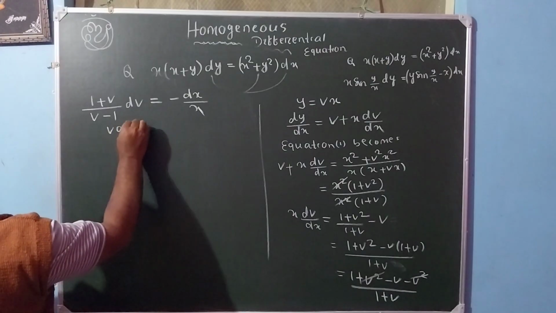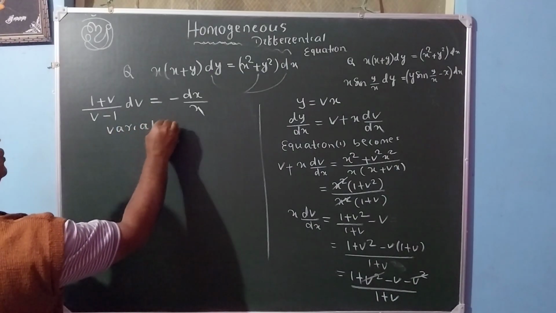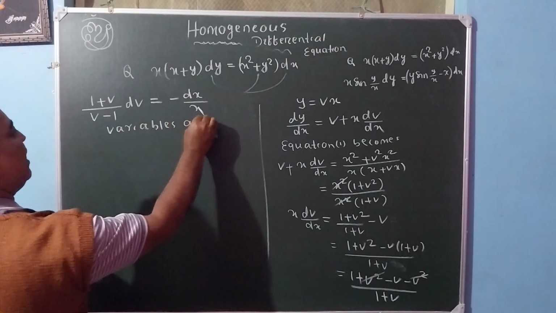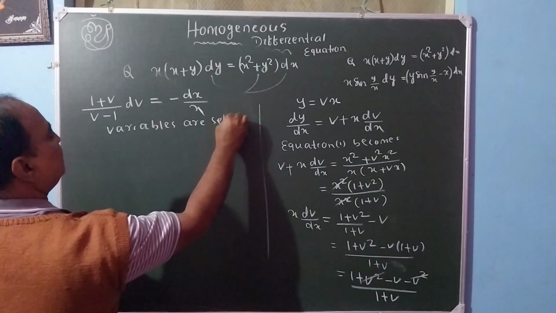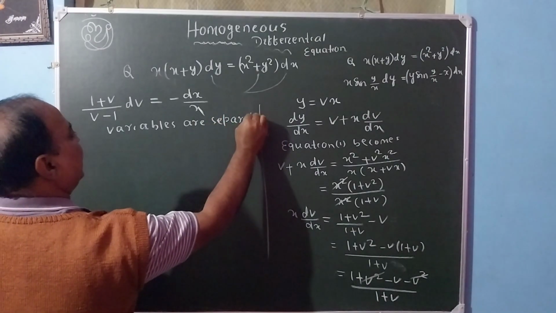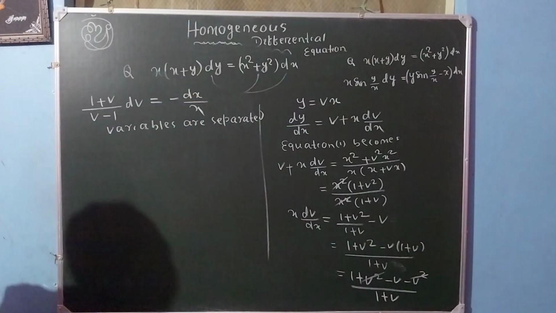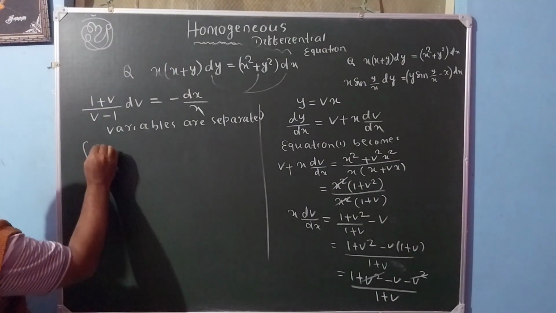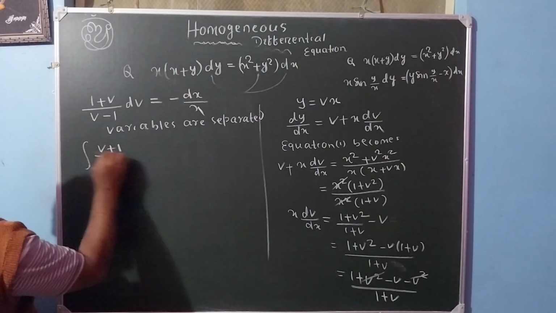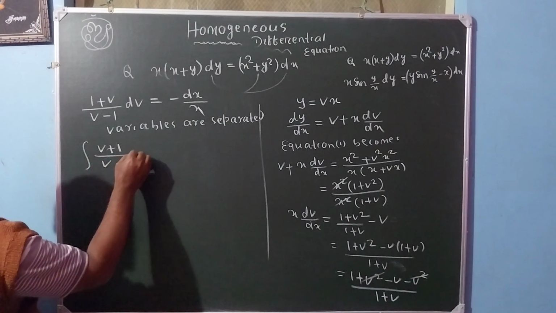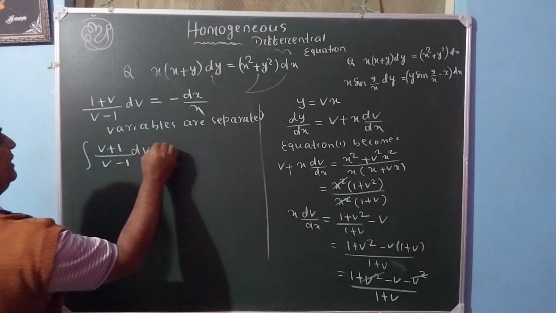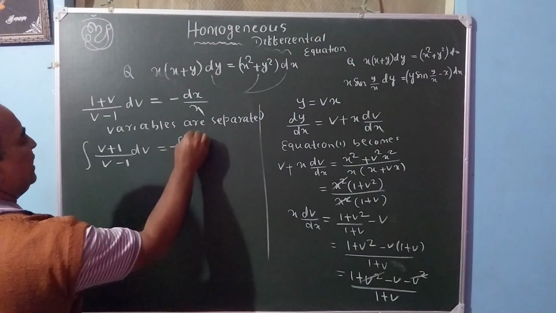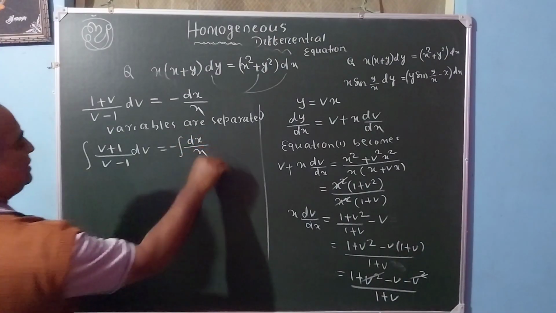Variables are separated. Once the variables are separated, you have to integrate on both sides. Integrating on both sides, (v plus 1) divided by (v minus 1) dv is equal to minus dx by x.